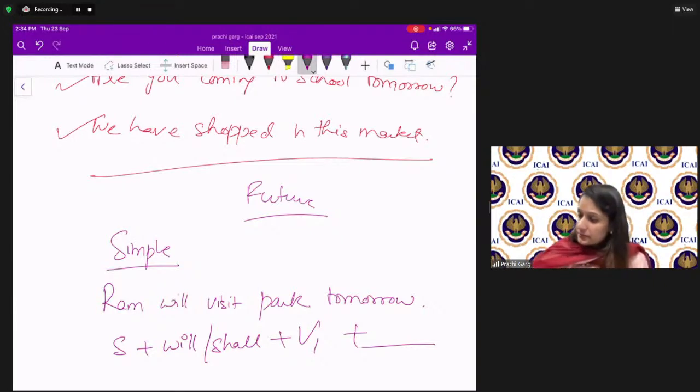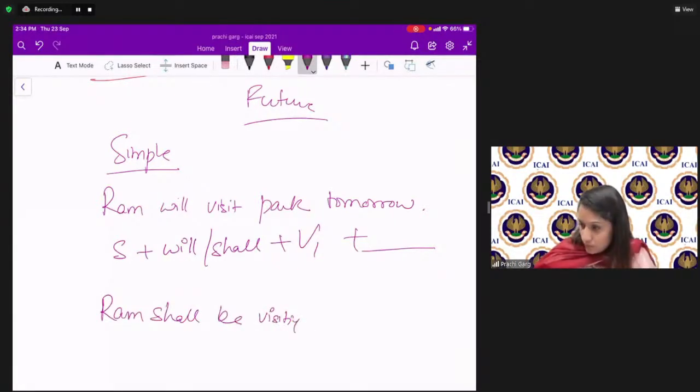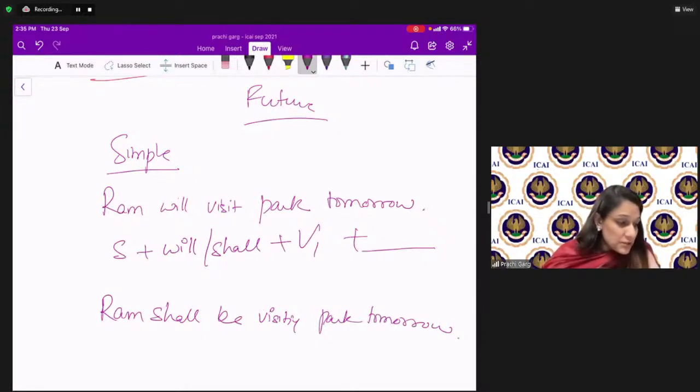Okay. Next, which is continuous. Ram shall be visiting park tomorrow. So this is to indicate what will be going on at some time in future, to indicate planned future. So now this is a planned future.